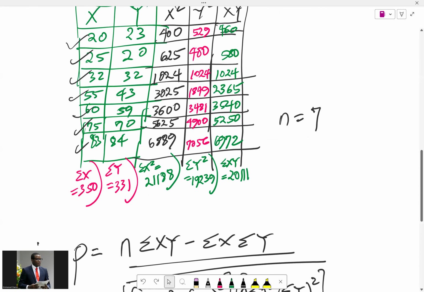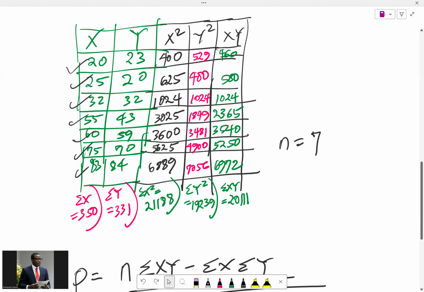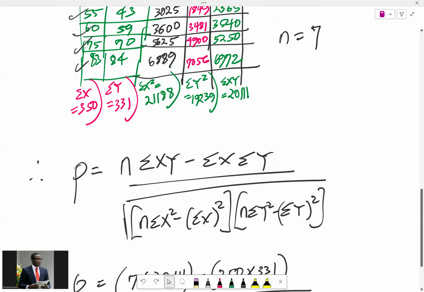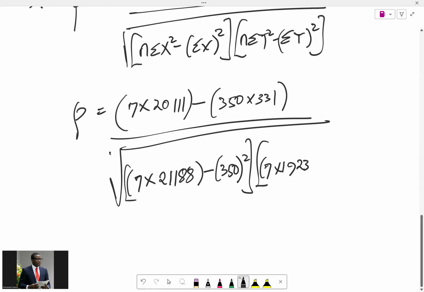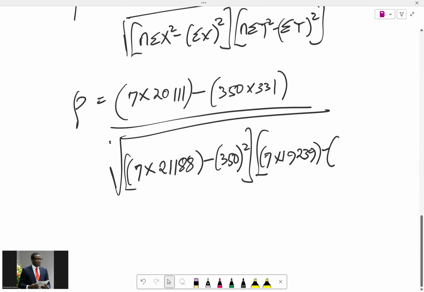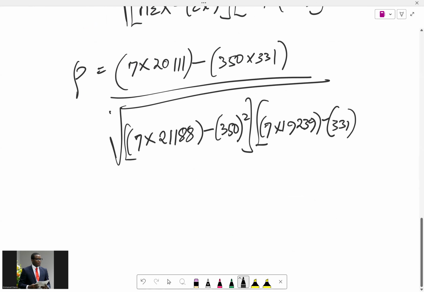Summation y squared is 19239, minus summation of y all squared. Summation of y is 331, all squared.